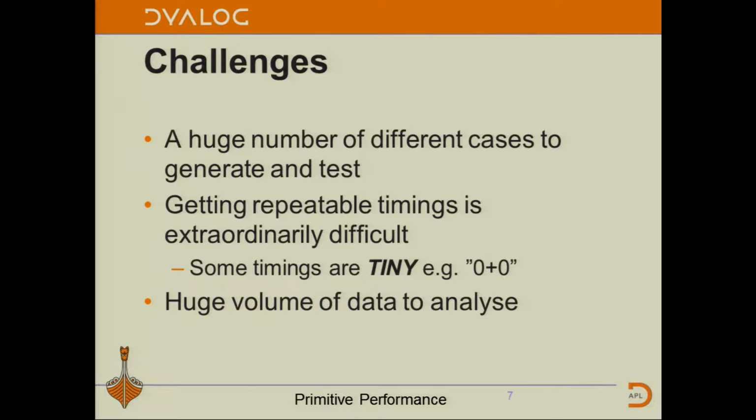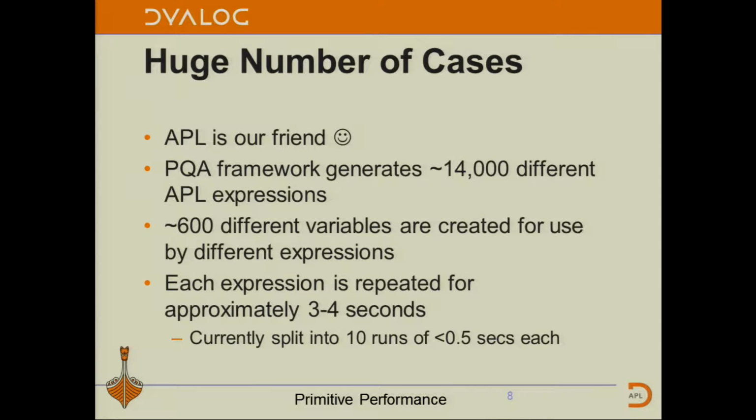When you're timing how long it takes to do scalar 0 plus scalar 0, the amount of CPU consumed by the function you call to ask what time it is in the operating system takes more time and has much greater variability than the time it takes to do the actual operation. Or for some of the operations, it's comparable anyway.